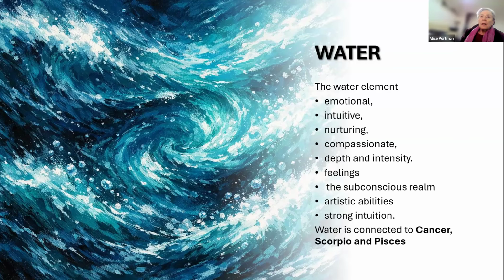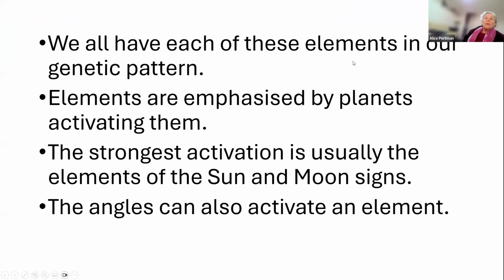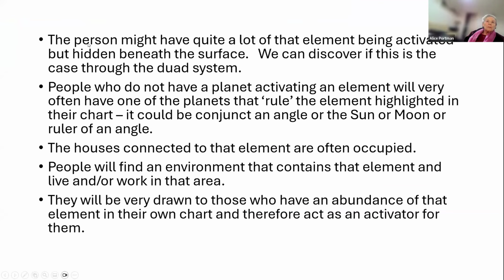Is it loading the app? Sorry, did somebody say something? No. Okay. So we all have each of these elements in our genetic pattern. Sorry, I've got to go back. Every one of us does. How do I go back?